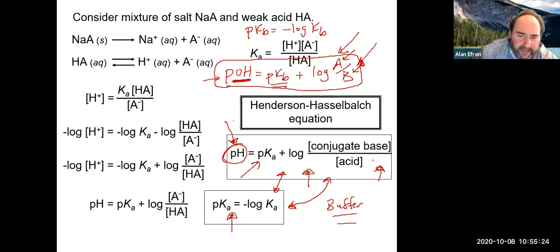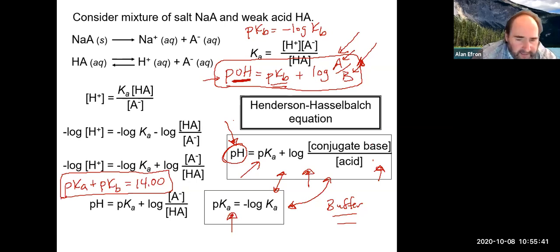But while we did talk about pKb, there is a nice relationship that might be helpful as well. And that is if you take the pKa value and you take the pKb value, it equals 14. So if you add them together, it does equal 14. So sometimes that's a quick way if you need a pKa value, but you have only a pKb value, you could calculate it really quickly.